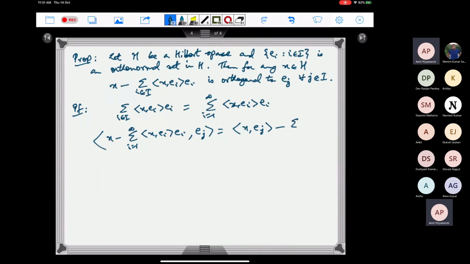Again I can write summation i equal to 1 to infinity (x, e_i), and then we get (e_i, e_j), and this (e_i, e_j) is delta_ij, so therefore this will be equal to (x, e_j) minus (x, e_j), which is equal to 0.